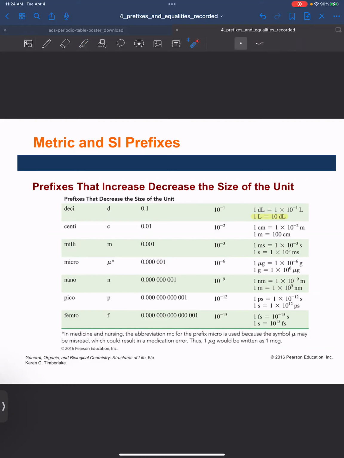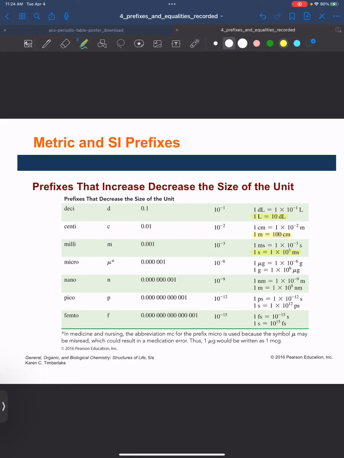Centi is 10 to the negative second. So 1 centimeter is 1 times 10 to the negative second meters. But the way I learned it was 1 meter is equal to 100 centimeters. For milli, it's 1,000. So 1 second is equal to 1,000 milliseconds, or 1 gram is equal to 1,000 milligrams.